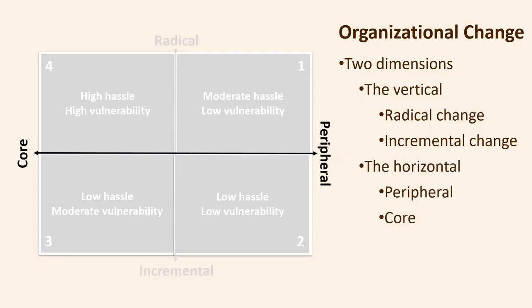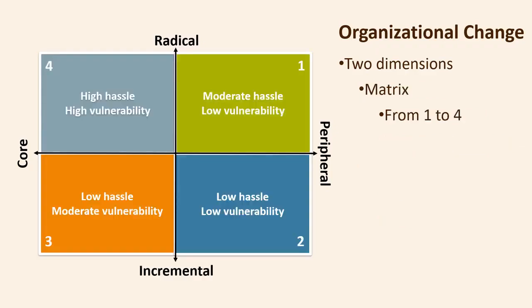The horizontal dimension differentiates between change perceived as peripheral to the primary task of the organization on the right side of the model and change perceived as affecting the core tasks of the organization on the left side of the model. The two dimensions form a matrix consisting of four quadrants, numbered from 1 to 4.